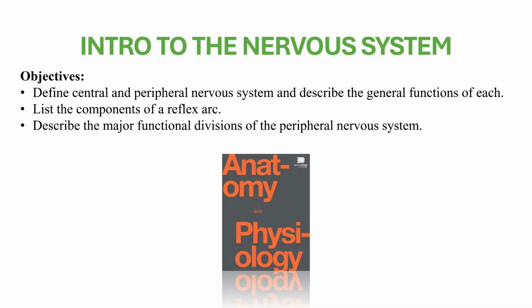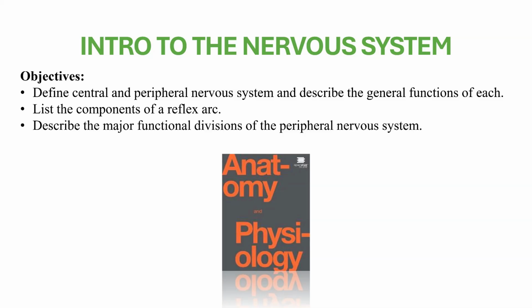our bodies functioning properly. First, you will learn to clearly define and distinguish between the central nervous system and the peripheral nervous system. Then, we'll explore the general functions of each system, understanding how they work both independently and together to maintain our body's activities.